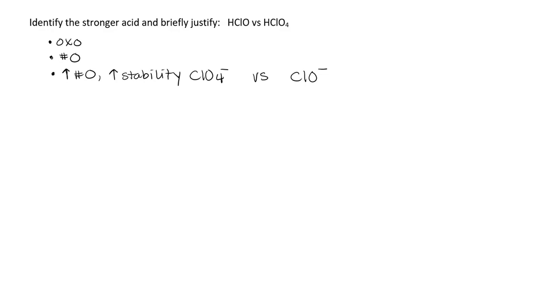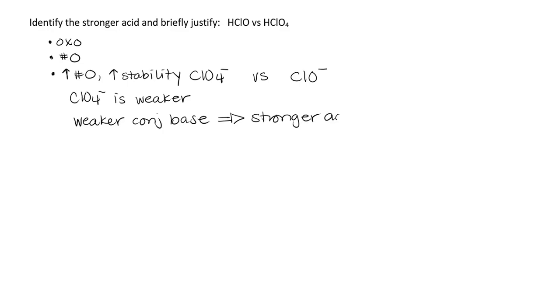Because perchlorate is more stable, it is also the weaker base. So the more stable conjugate base corresponds to the weaker conjugate base. And a weaker conjugate base corresponds to a stronger conjugate acid. So in this example, our stronger acid is perchloric acid.